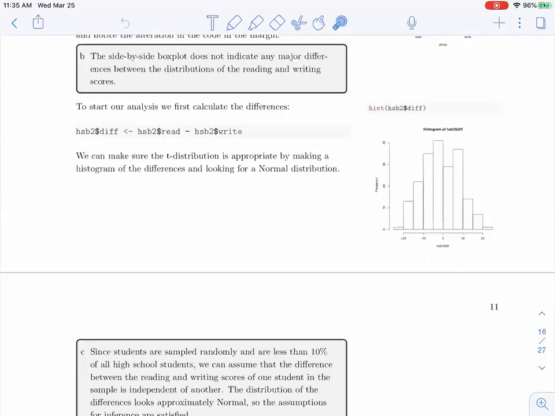If we look at the histogram of the differences, I would say they follow a normal distribution, which is nice, centered on 0 it looks like.